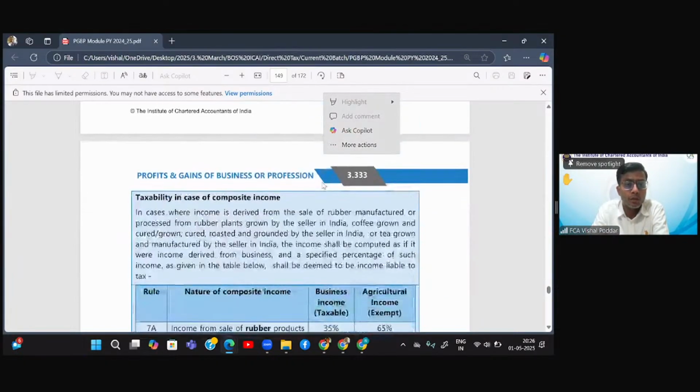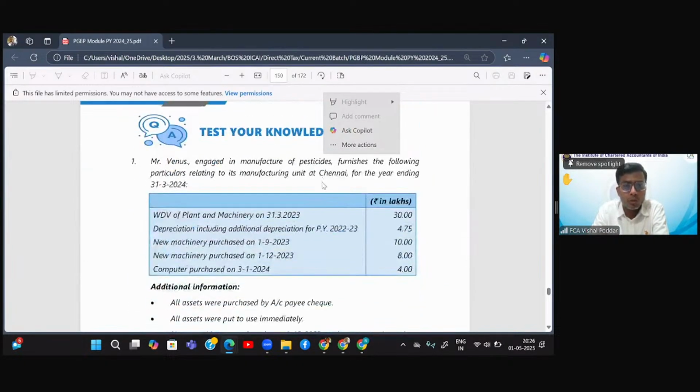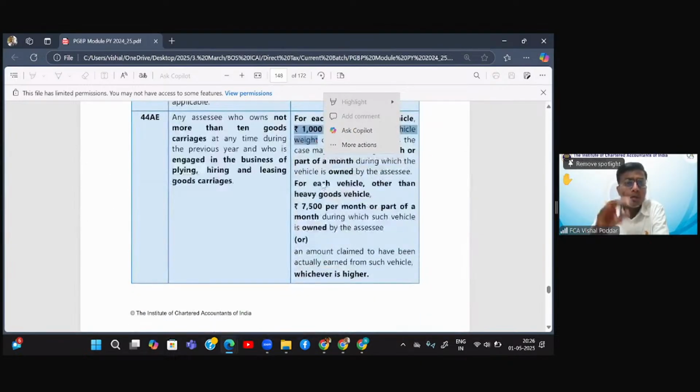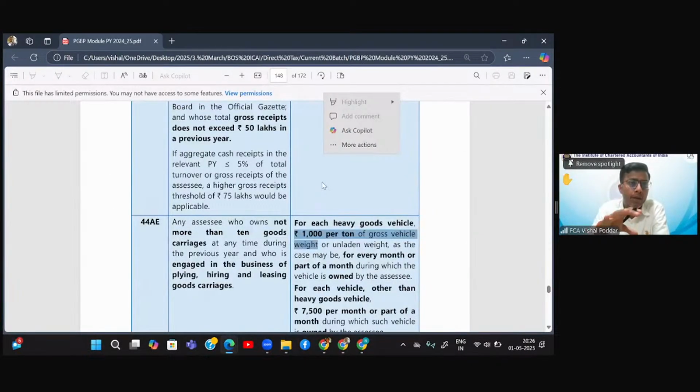First we also have to define what a heavy vehicle is. A heavy vehicle is one whose unladen weight exceeds 12,000 kgs. Let us say my truck's unladen weight is 15 tons, that is, 15,000 kgs as per the RTO certificate.